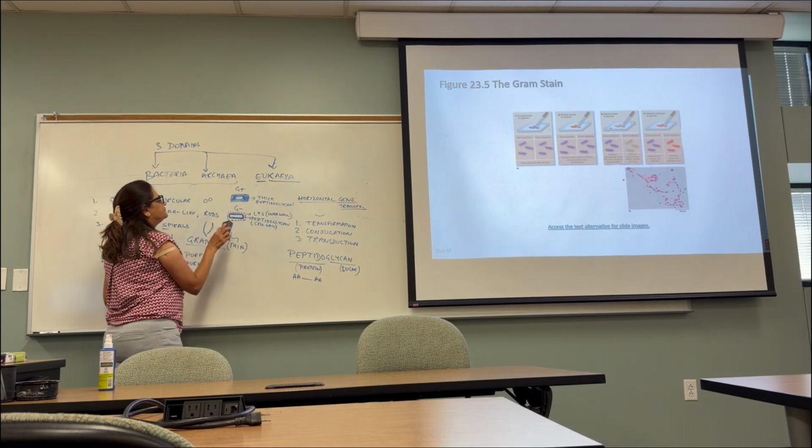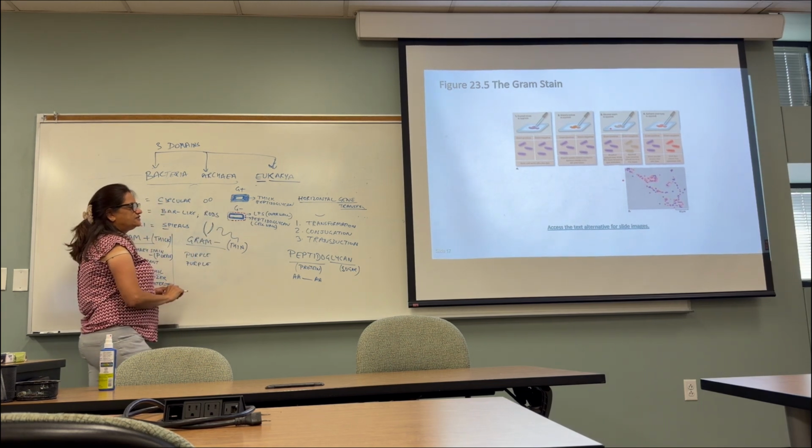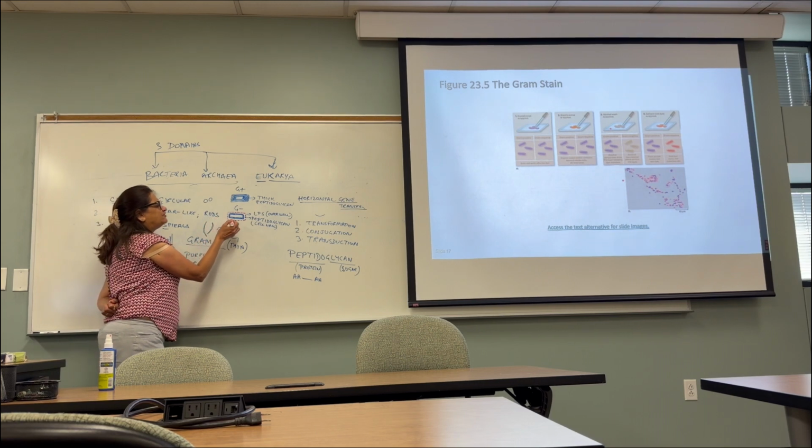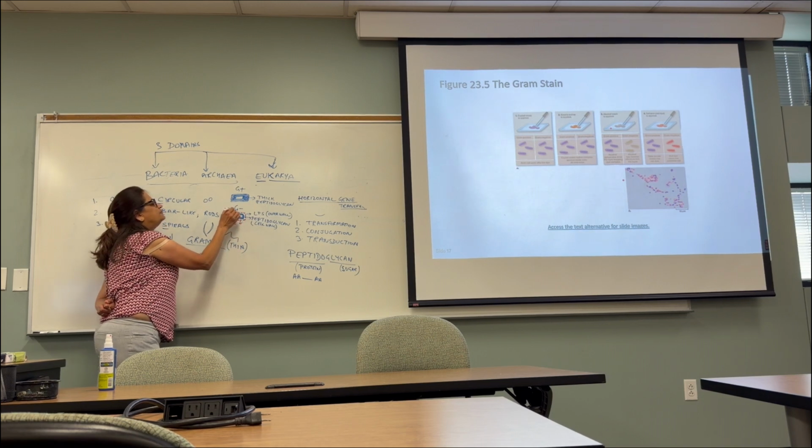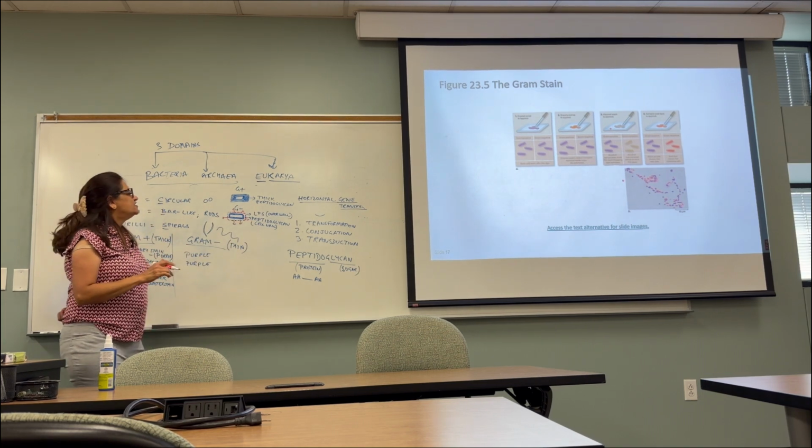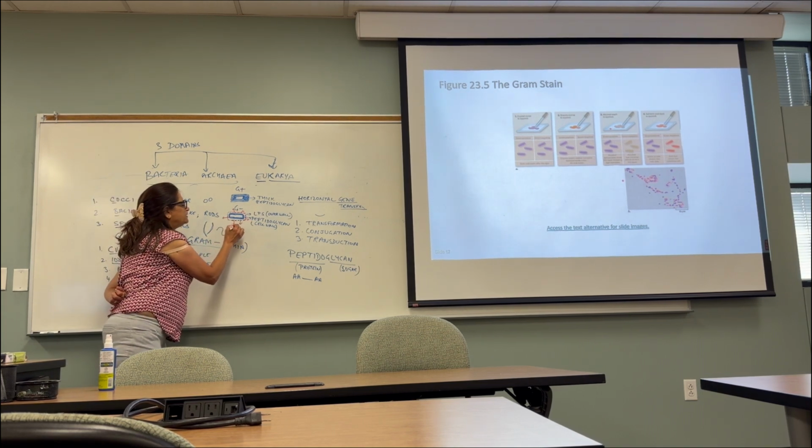Make sense? It breaks down. So when it breaks down, the crystal violet color is going to seep out from this, in all the directions. Make sense? So the violet color is going to seep out.